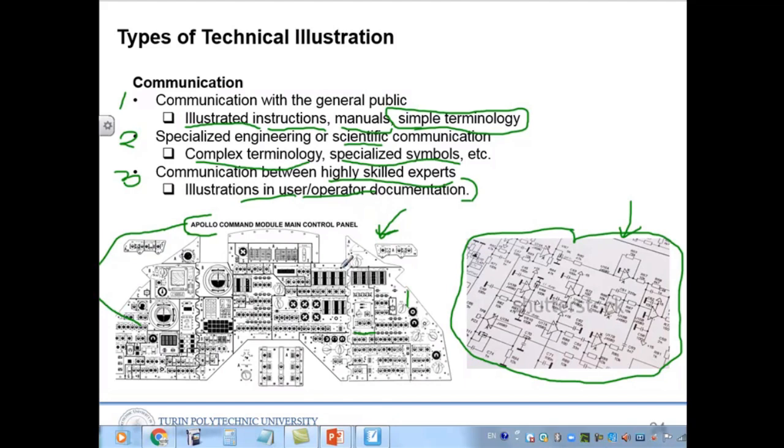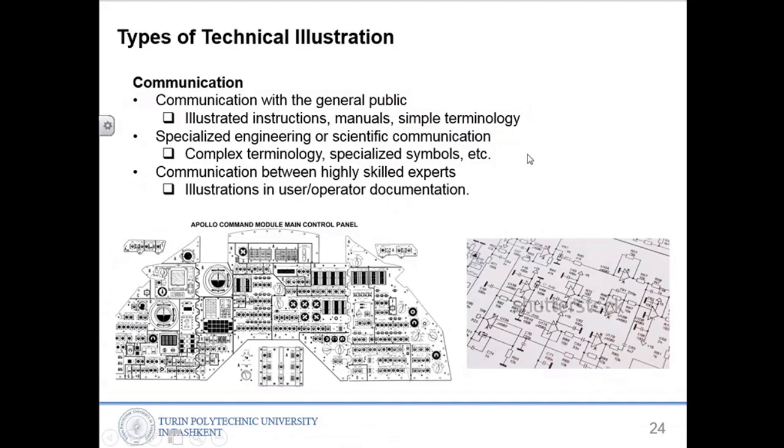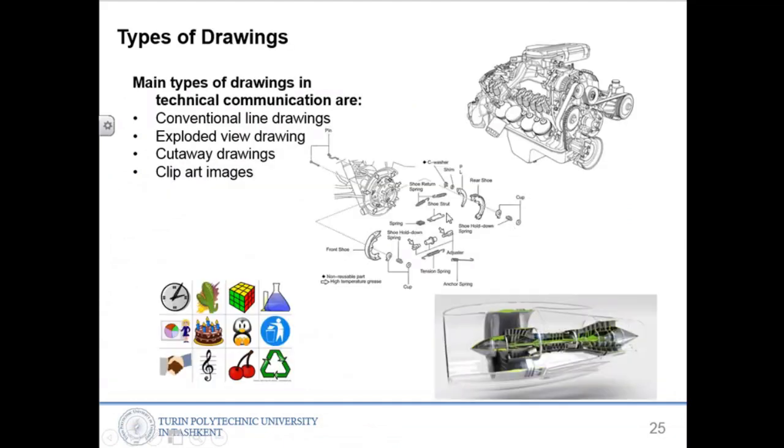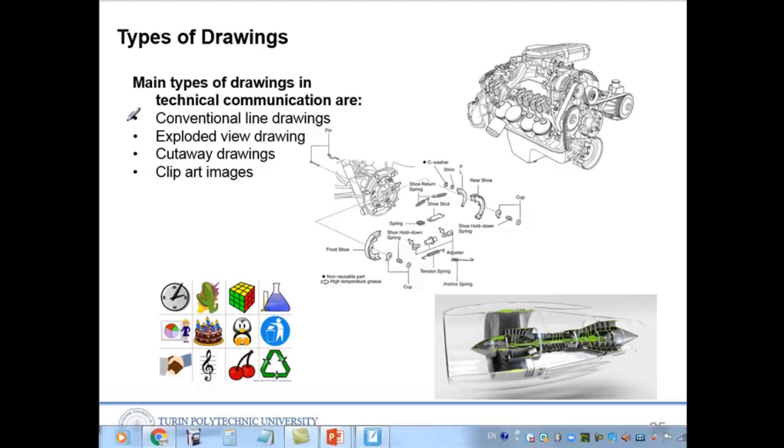So another type of communication is types of drawings. Drawings are also a communication thing. The main types of drawings in technical communication are conventional line drawings. That is this one. We also call it pictorial drawing. It's a kind of isometric or axonometric view, but only the lines.